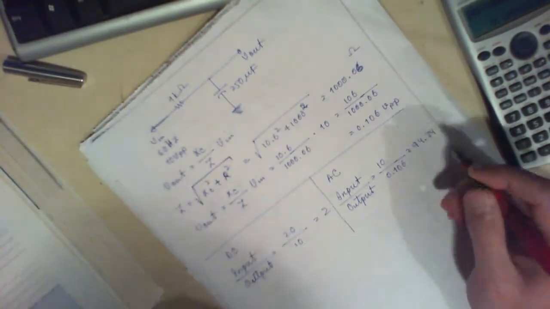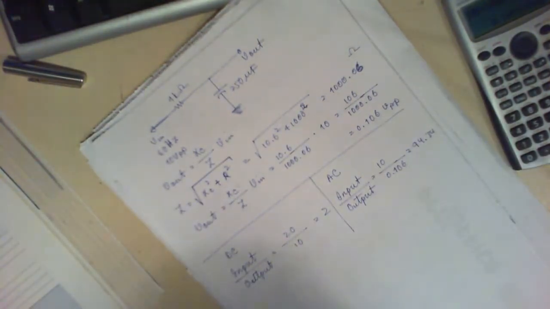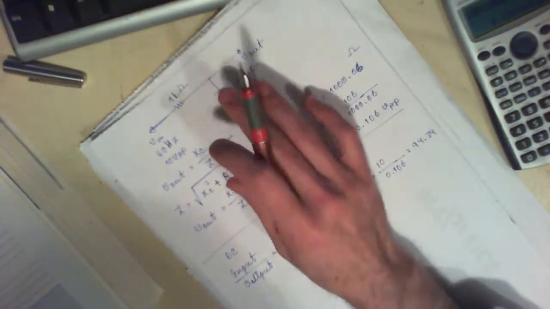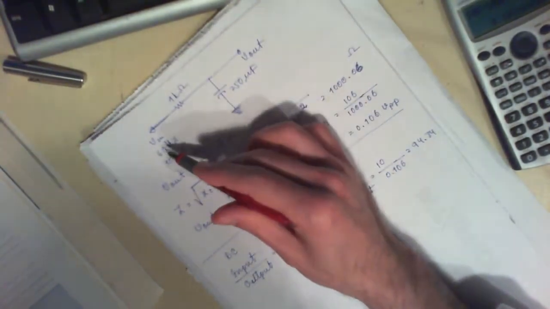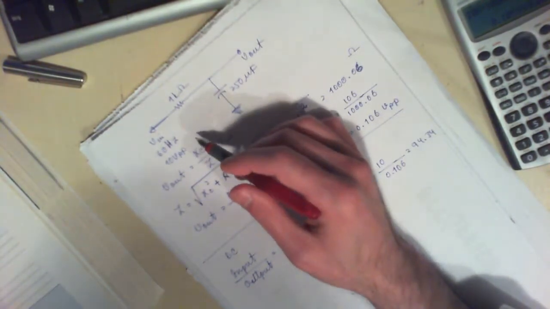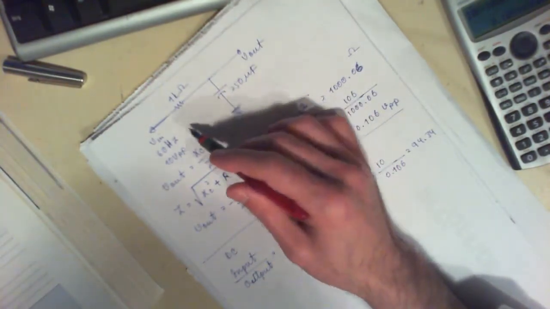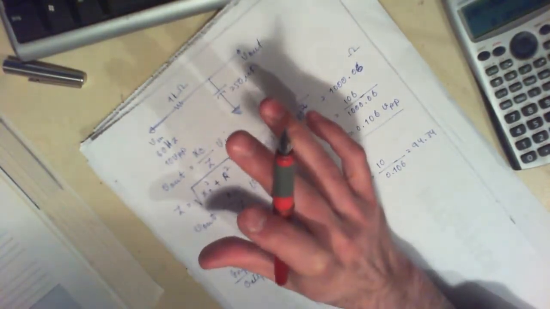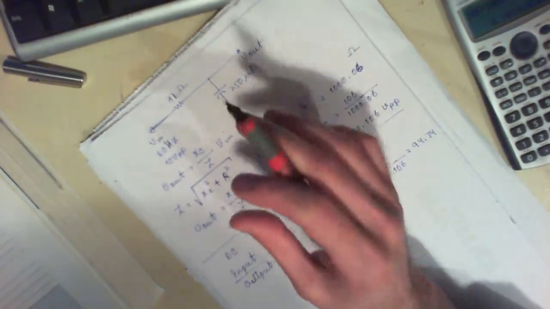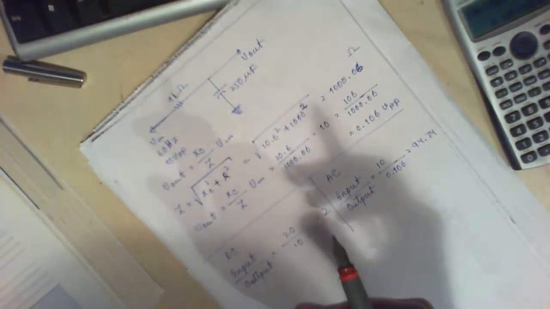So you see that by changing the value of this capacitor and simultaneously changing the frequency, the behavior of your filter is going to remain the same. Okay.